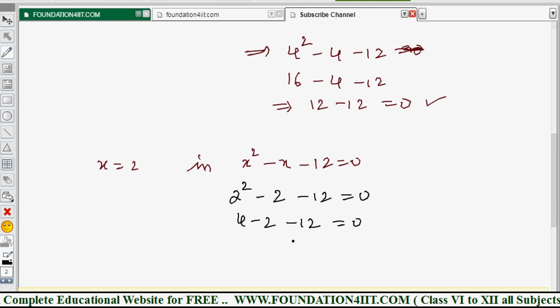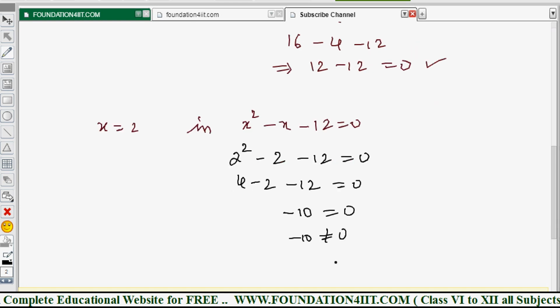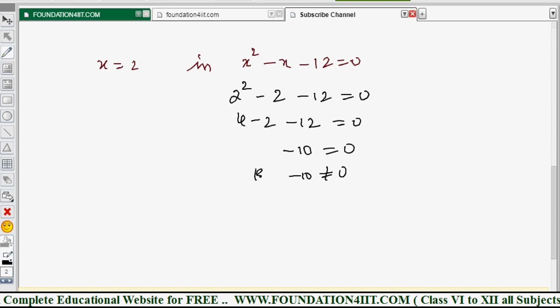And 4 minus 2 is 2. 2 minus 12 is minus 10. But minus 10 is not equal to 0. Right? That means LHS is not equal to RHS. Therefore we can conclude that x is equal to 2 is not a root of the equation.